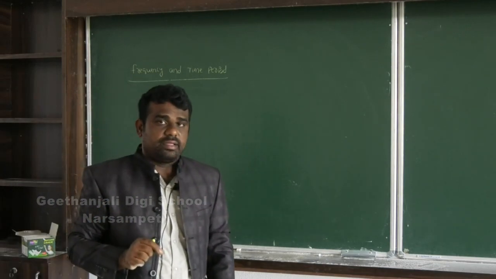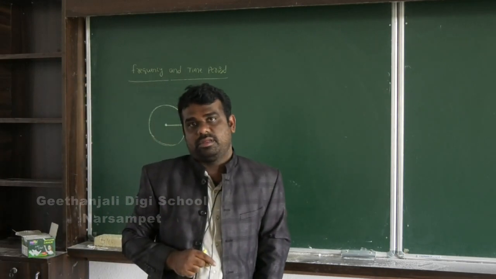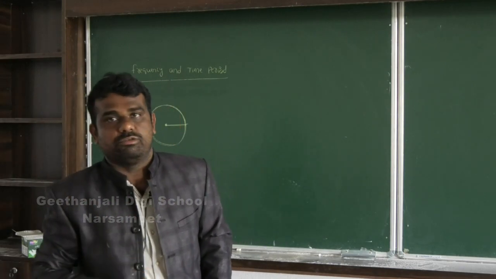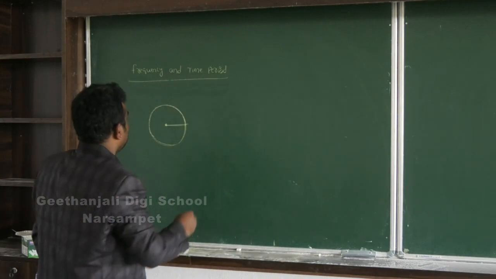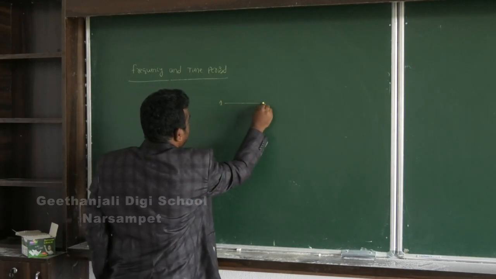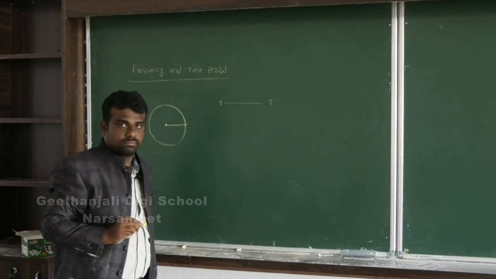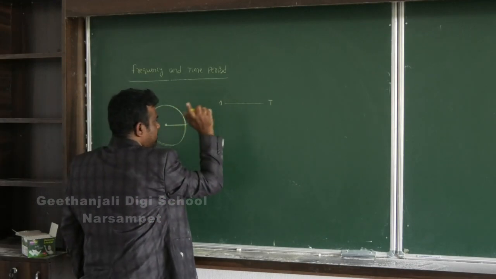What is time period? The time taken to complete one revolution is called time period. A particle is completing one revolution in t seconds of time.